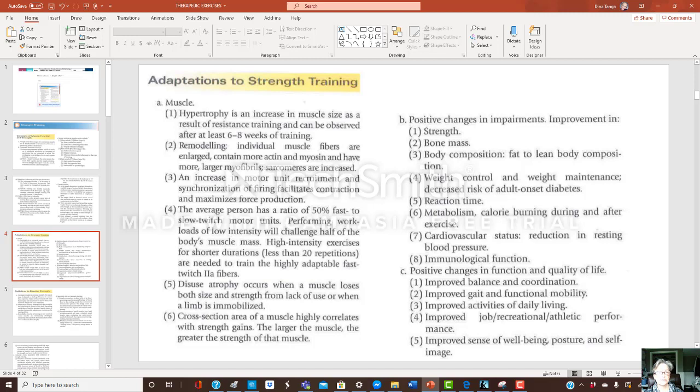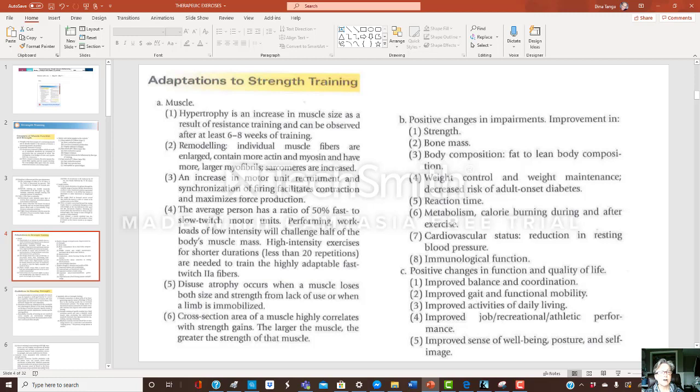Adaptations to strength training. Muscle. Hypertrophy is an increase in muscle size as a result of resistance training and can be observed after at least 6 to 8 weeks of training. Remodeling.